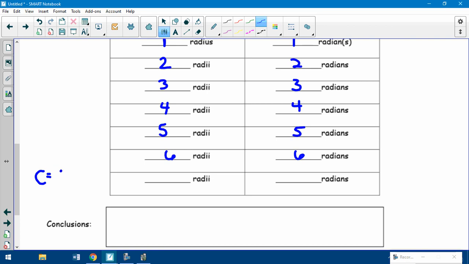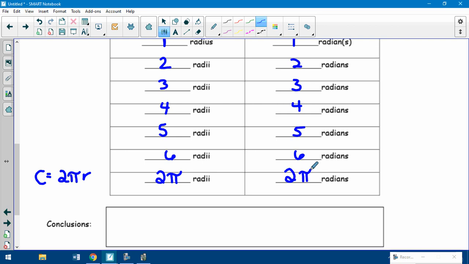One formula for circumference is 2 pi r. That literally means if I go all the way around the edge of a circle, I have 2 pi radii. So the number of radians in an angle that goes all the way around is 2 pi radians.